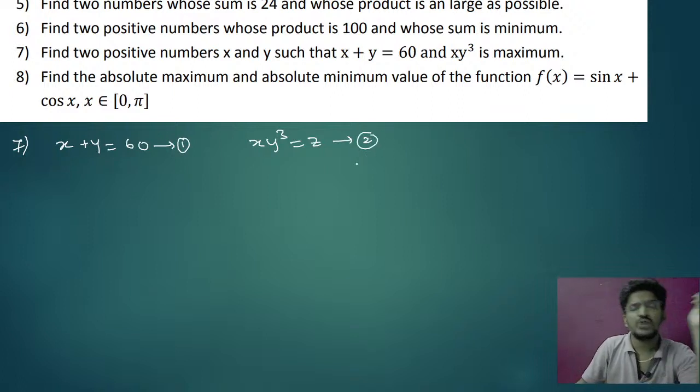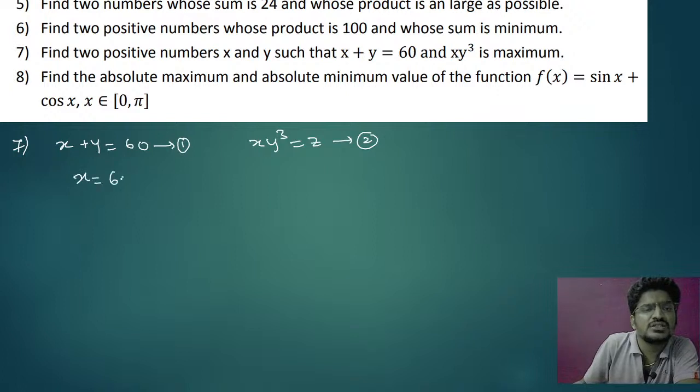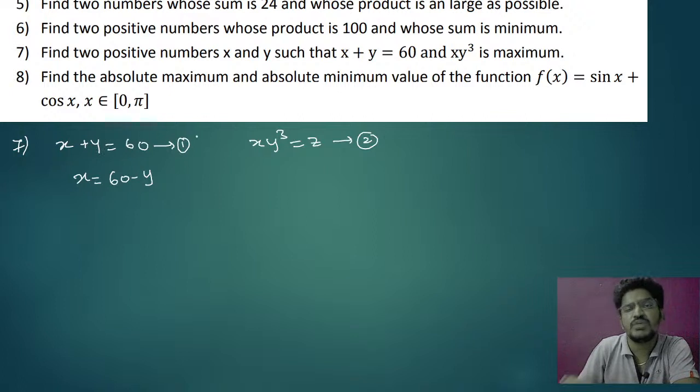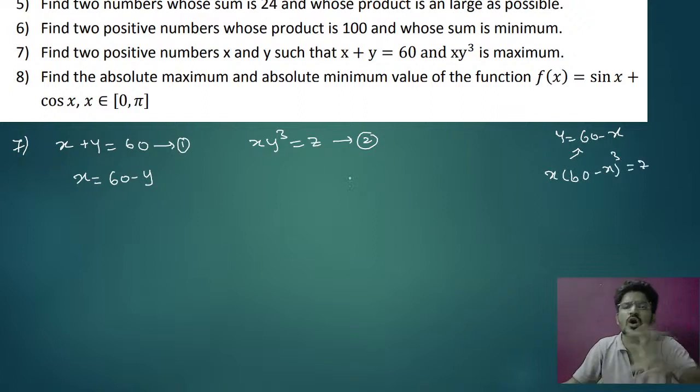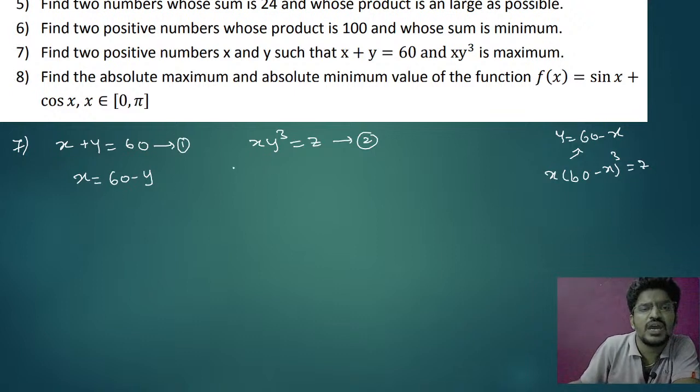Okay. So now you see here, I will write x term as 60 minus y, because if I write y equal to 60 minus x, what happens? I have to put this in the second equation. It will become x into 60 minus x whole cube, which will take long. Otherwise it takes one more extra step. So to reduce that, I will write x is equal to 60 minus y.